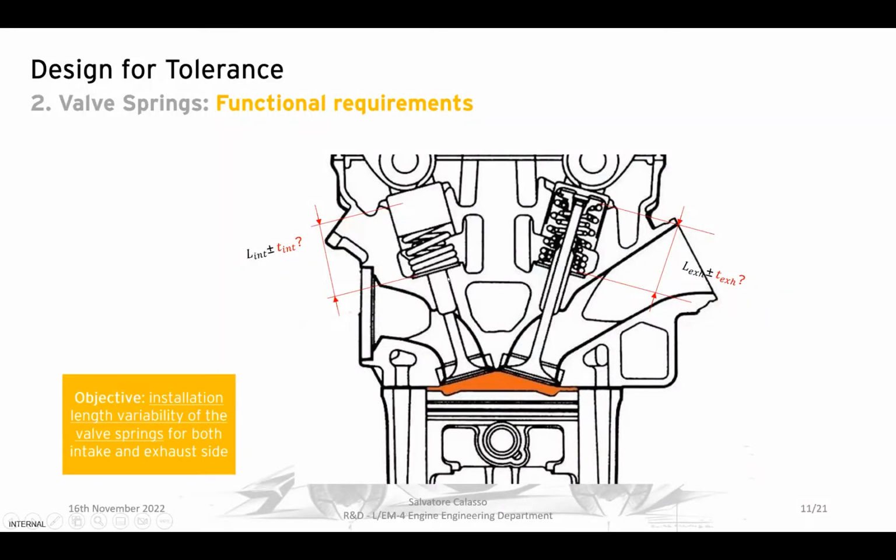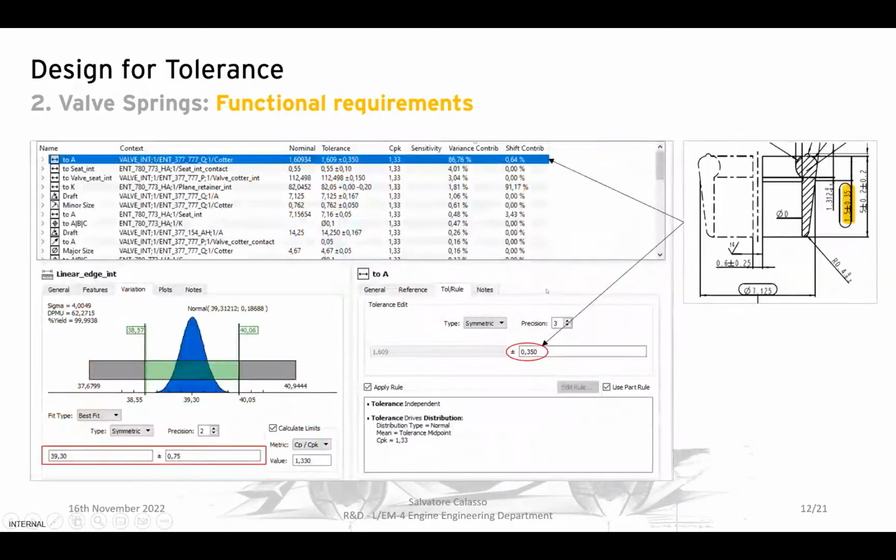So the case was developed for the intake side and for the exhaust side. We organized the entire tolerance stack-up, and considering the most impacted in terms of volume contribution, we understand that the valve cutter was the most critical components, because the dimension that entered in the tolerance stack-up was the 1.5 plus minus 0.35 millimeter.